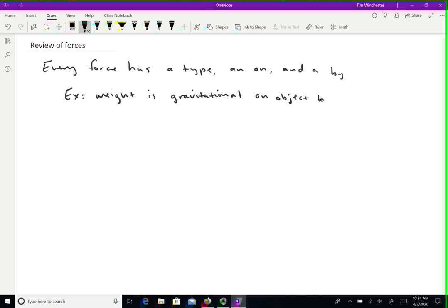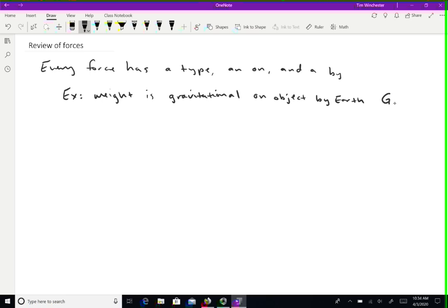And it is exerted by the Earth. So if I wanted to write that as a shorthand, I would write that as a gravitational force on the object by the Earth. That's the notation I like. Some people like to use W for weight. I think just grammatically that's a little more confusing, but gravitational force on the object by the Earth.